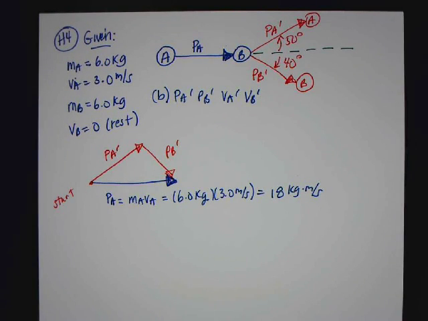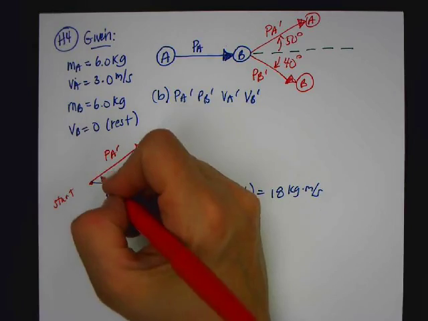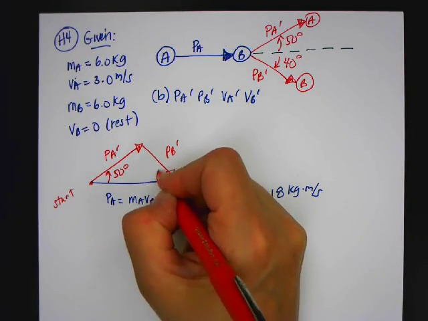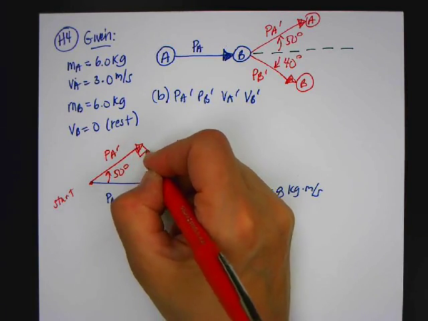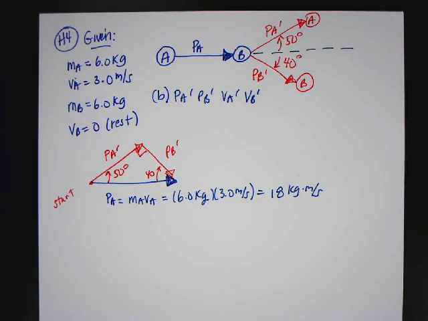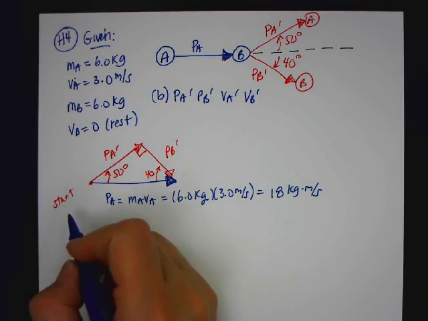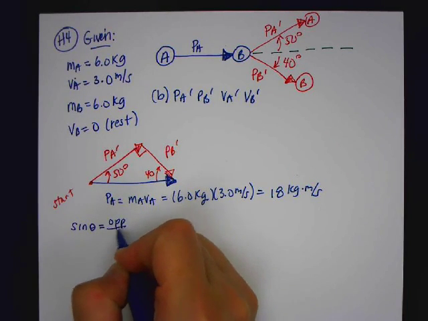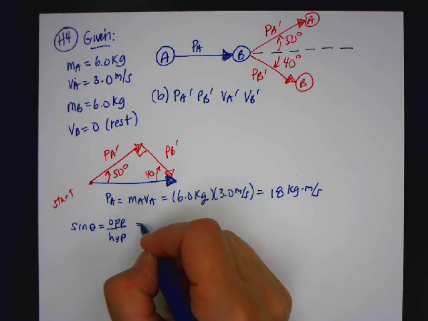So then when I put in the angles, this is 50 degrees, and this is 40 degrees, therefore this is 90 degrees. And now, basically, I have a right triangle, and I want to first find the other two sides. So I'm not even using physics anymore, I'm just doing math. So should I use sine, cosine, tangent? It really doesn't matter. So sine's the first one I think of. So sine of theta is opposite over hypotenuse.